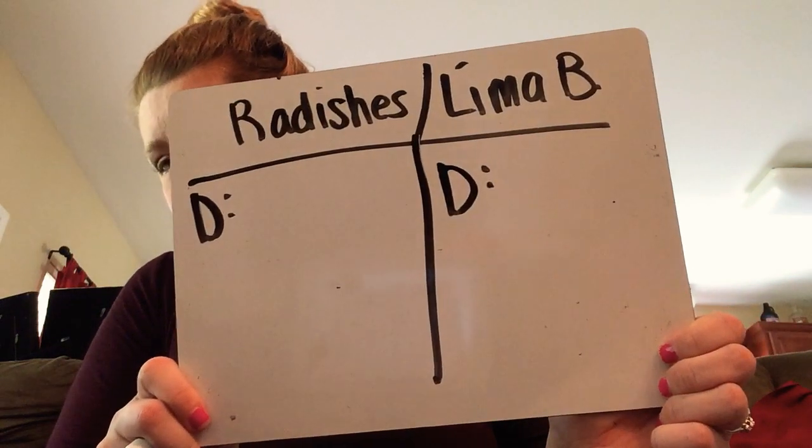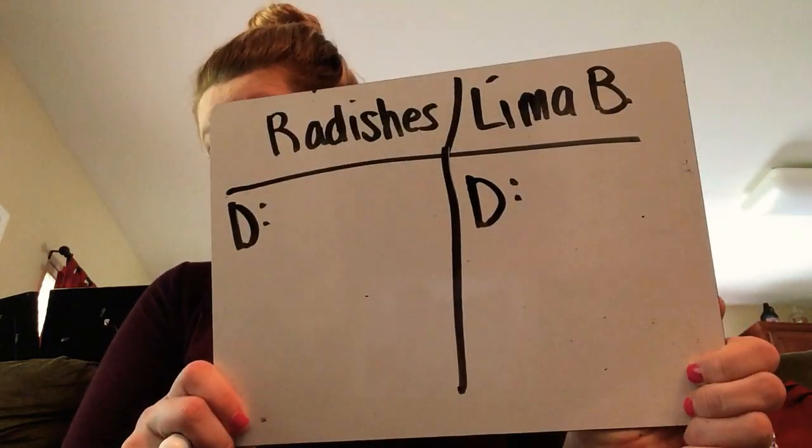Radishes and lima beans. Make our T-chart. Put D for difference. So you have that ready to go? Okay, so here's the difference, okay?